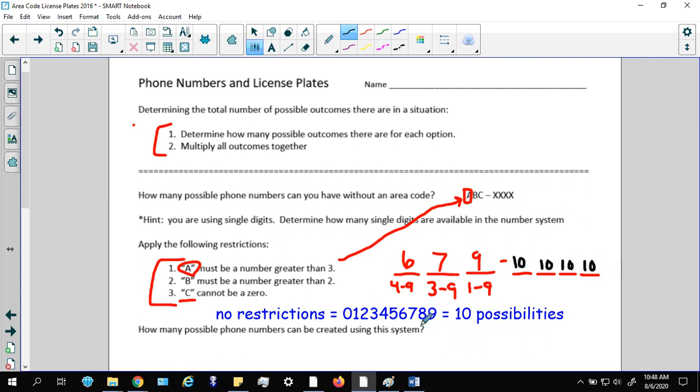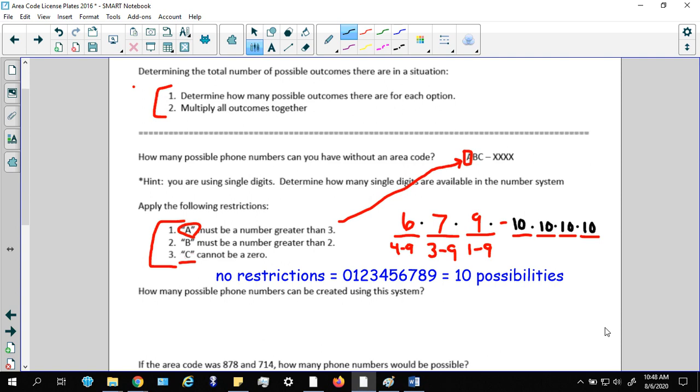Now it says how many phone numbers could be used. Well, you have 6 possibilities, so I'm going to take 6 times 7 times 9 times 10 times 10 times 10 times 10. The dot represents multiplication. Since I don't have the key in front of me, I have to do this one.